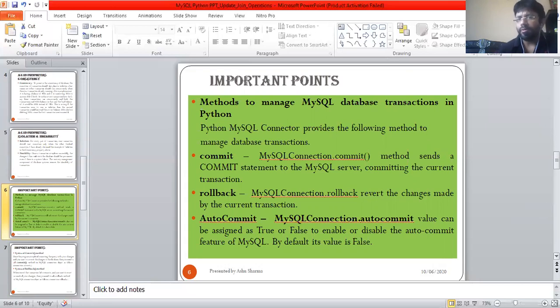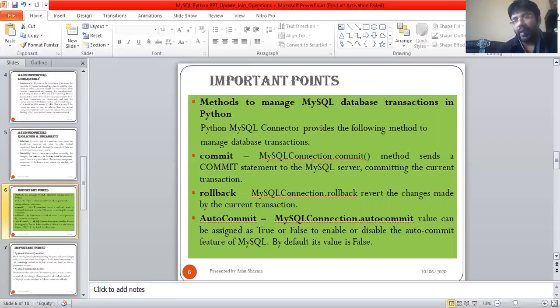As we all have the practice of creating a connection object and cursor object, the connection.commit method sends a commit statement to the MySQL server, committing the current transaction if the transaction completes successfully.